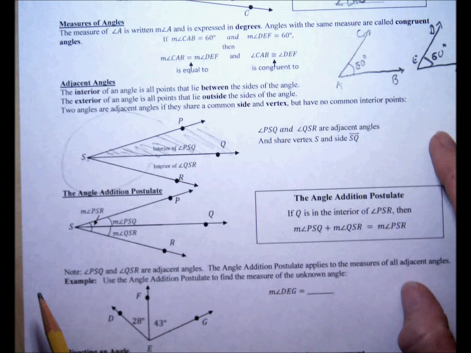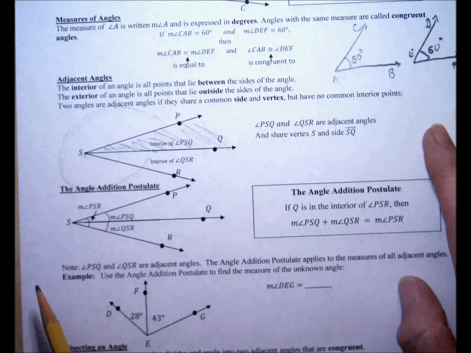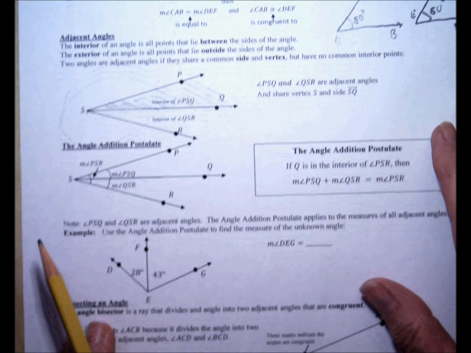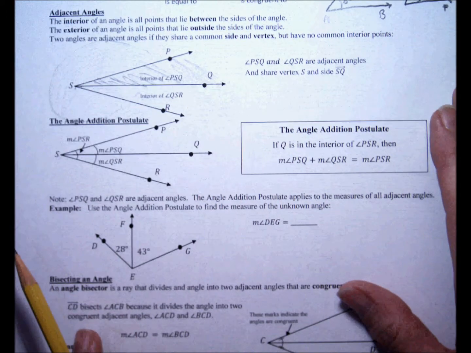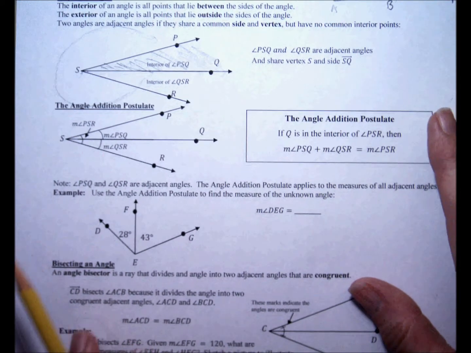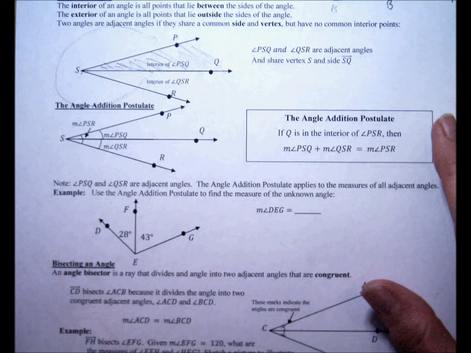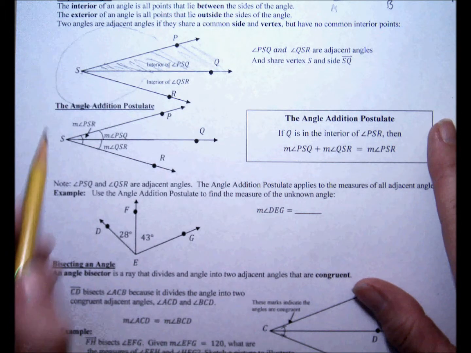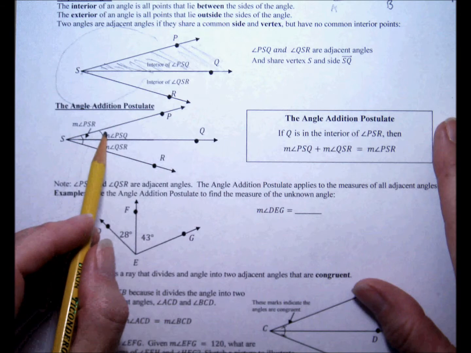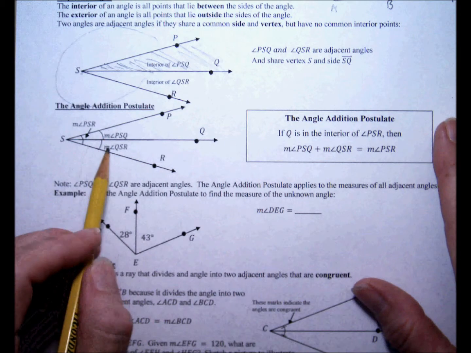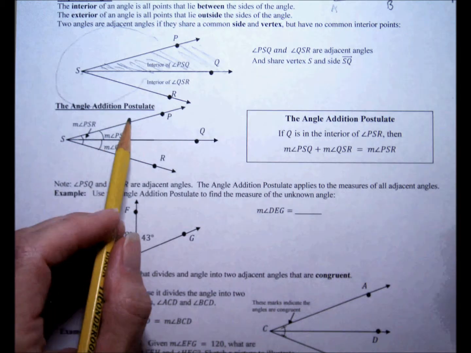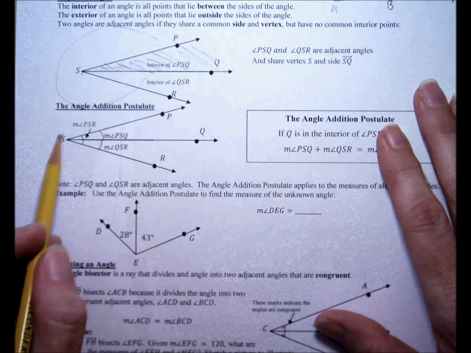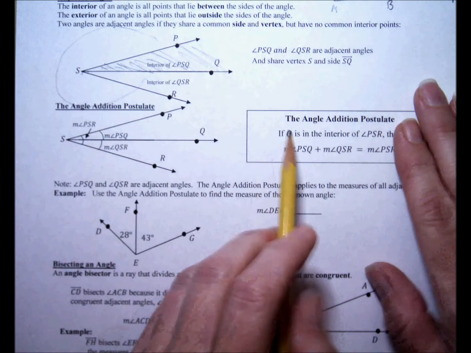So we need that definition to understand the angle addition postulate. It's much like the segment addition postulate in that I think it's common sense, as most postulates are. Basically, the measures of two adjacent angles add to the larger angle.